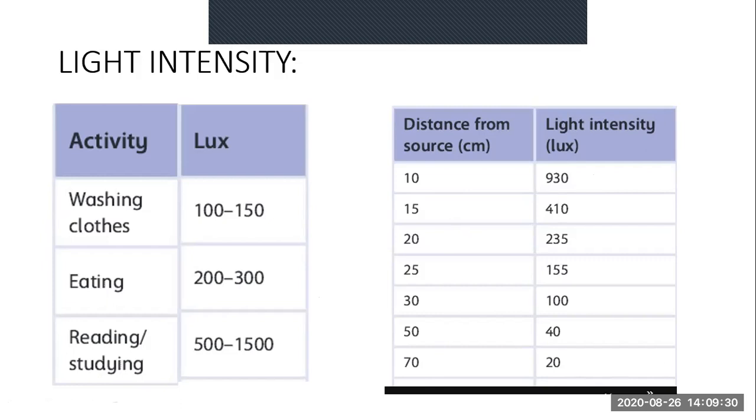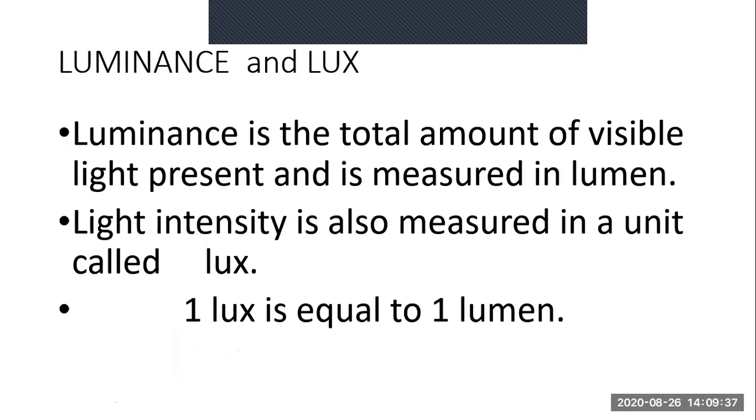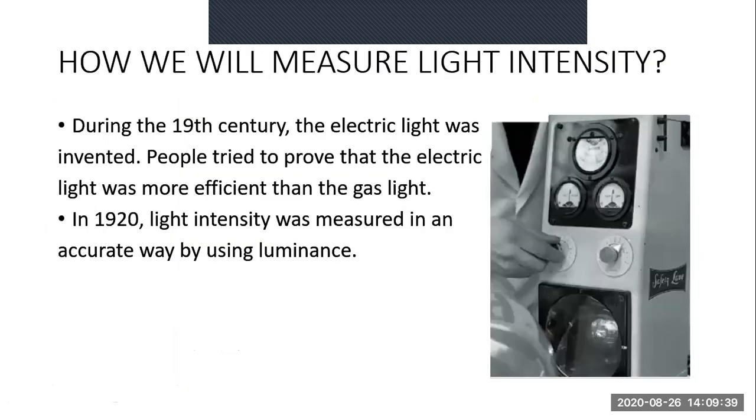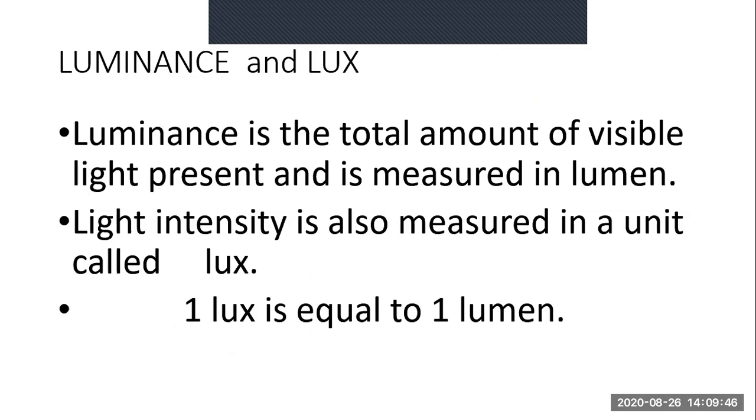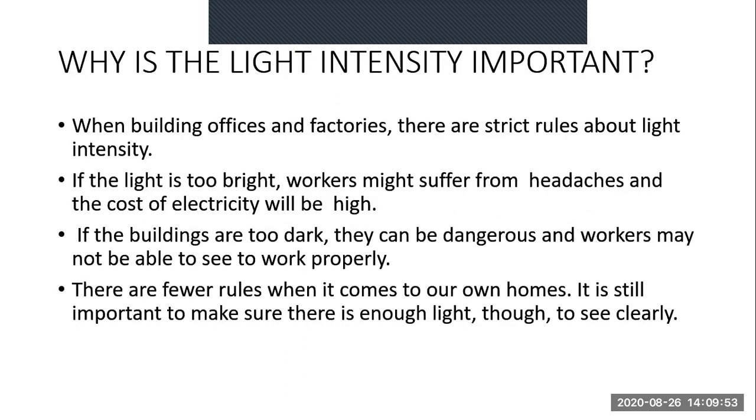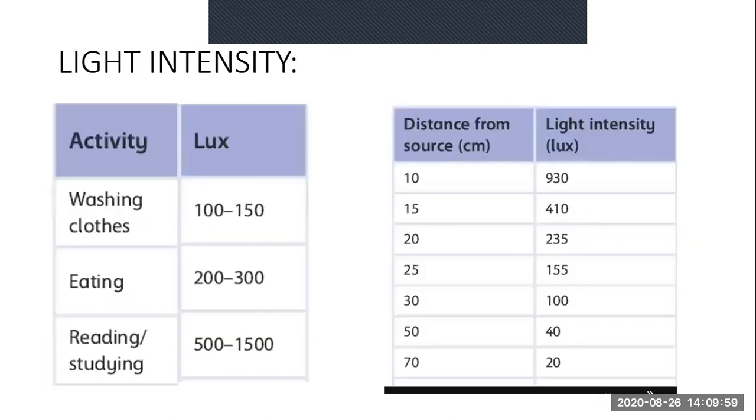Let's repeat one more time about light intensity. We said that light intensity is measured by luminance. Luminance means the total amount of visible light, and the light intensity unit is the lux. It is important for different places and for different activities.